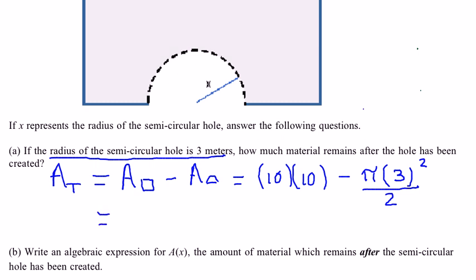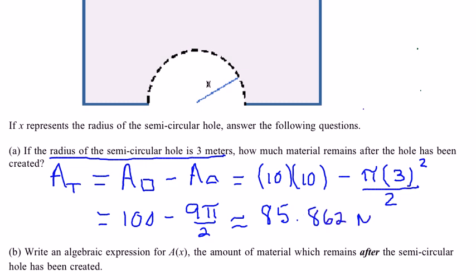Now, multiplying 10 by 10 gives us 100 minus 3 squared, which is 9, so 9 pi over 2. And if you plug that into your calculators, you will see that you get an approximate answer of 85.862 meters squared.